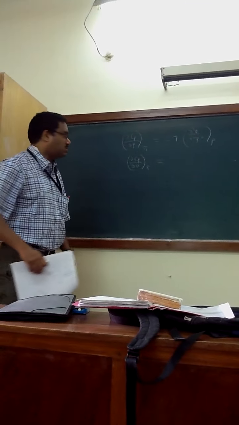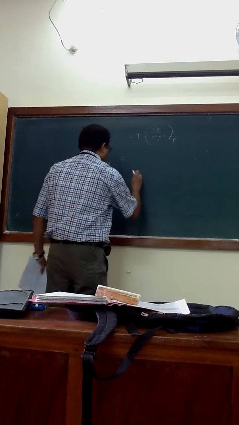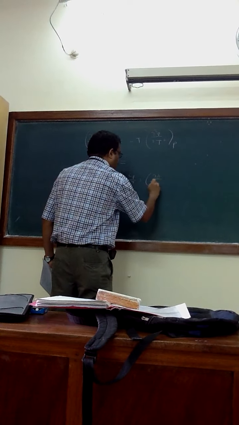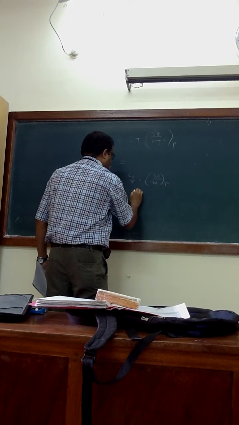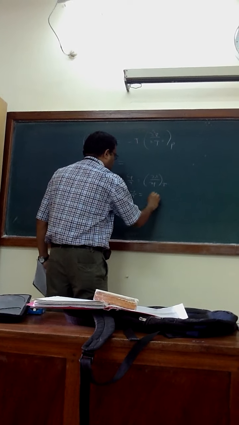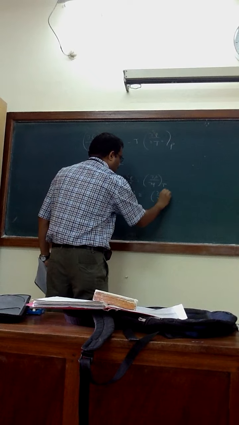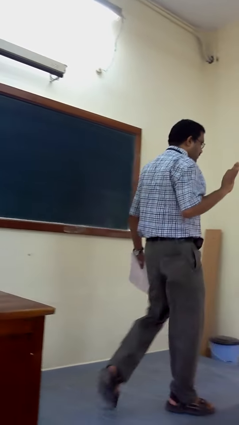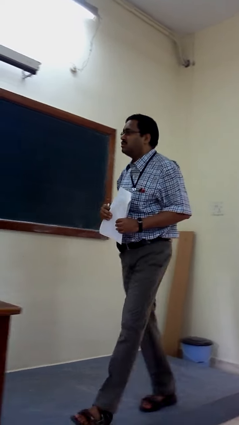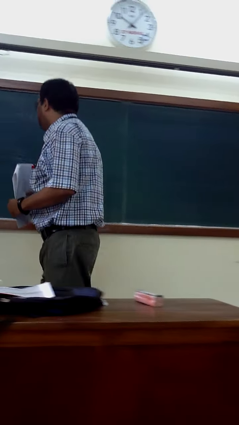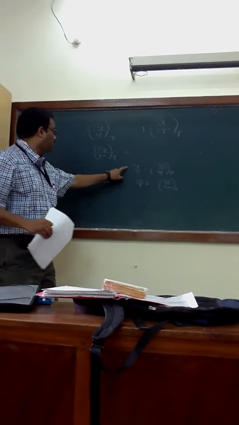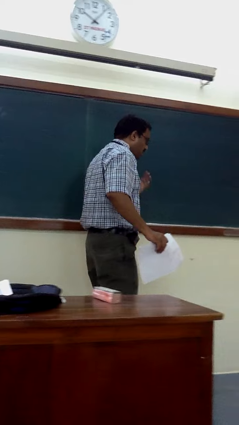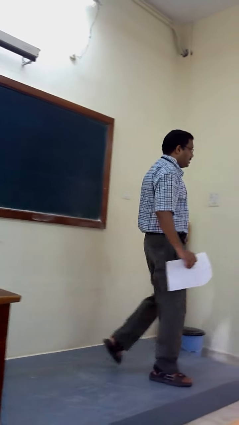Because we know the formula: Cp by T is dou S by dou T at fixed P, and Cv by T is dou S by dou T at fixed V. This formula you always have to take. That's the first catch. Cp is given, so this is the first step, and this is the way you can get all your things done.